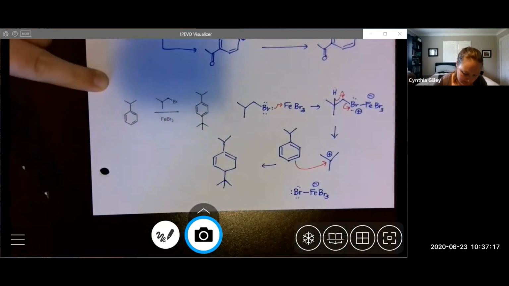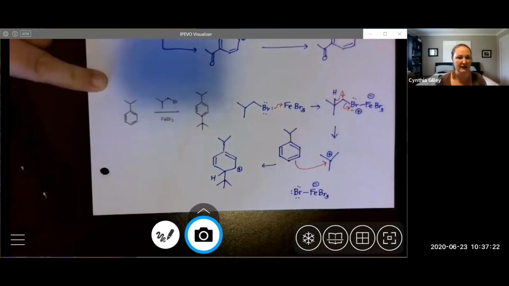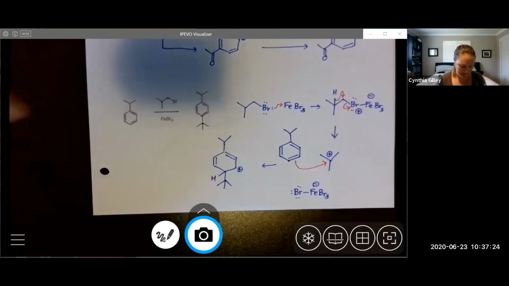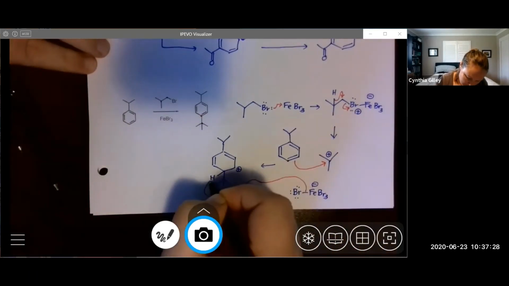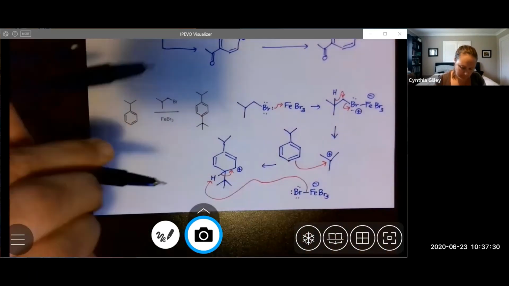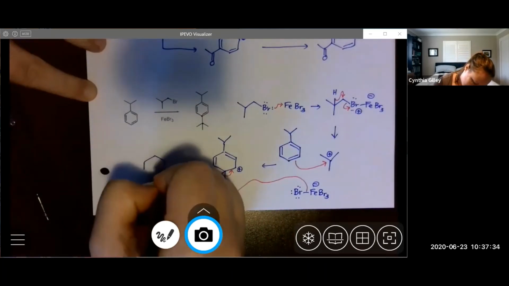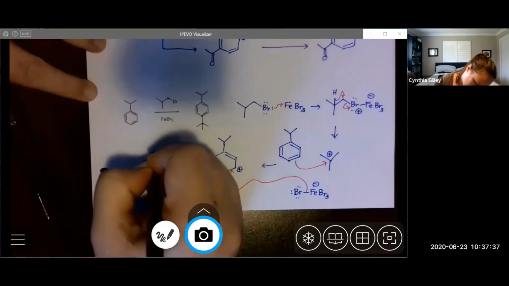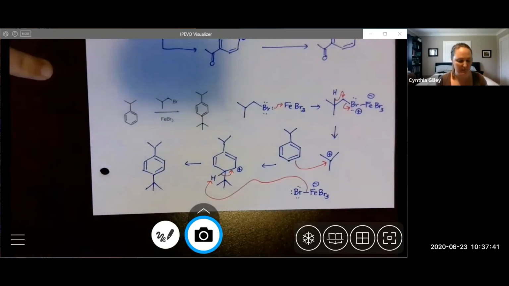Okay, so now we have the arenium ion, like this. We can do our final proton transfer. Product: an isopropyl and a tert-butyl.